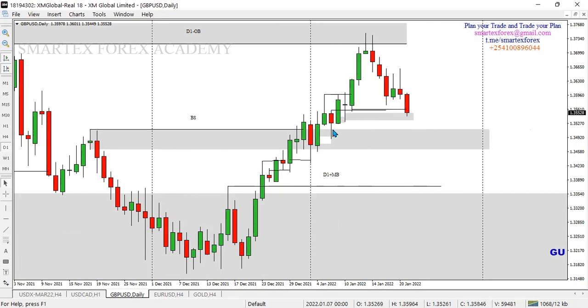See this OB here, this OB, that's where the price is at the moment, in that OB. So we may get a reaction here. If we miss this one, then we look at this.